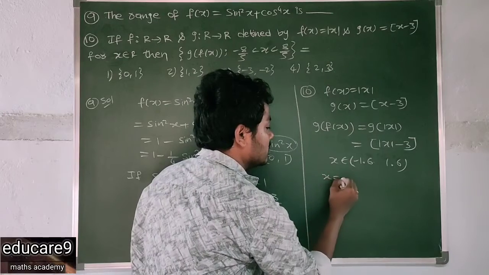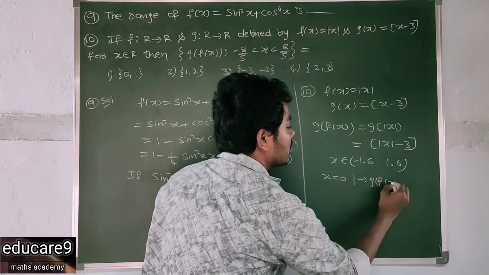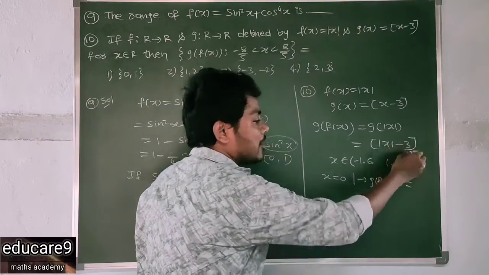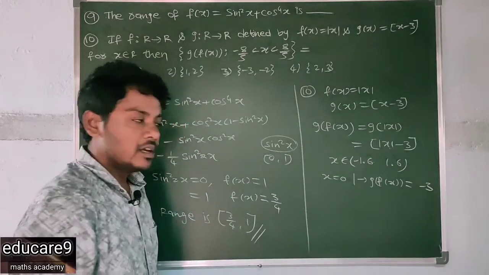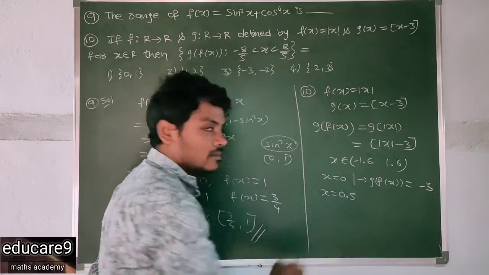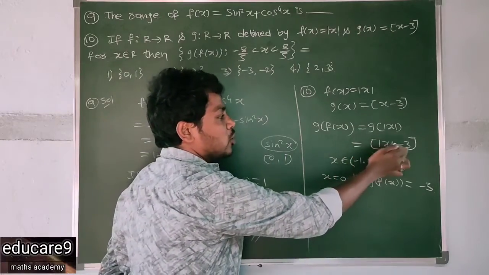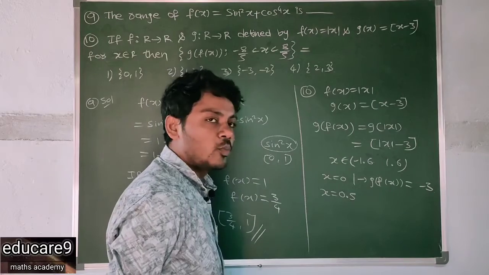At x is equal to 0, the g of f of x value is step of minus 3, you get minus 3. If x is equal to some 0.5, see here, 0.5 minus 3, that is minus 2.5.